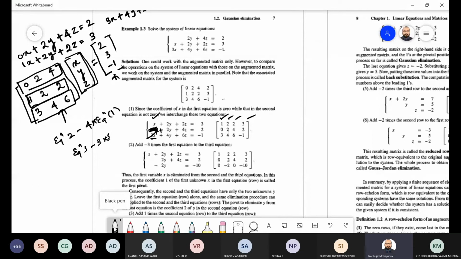Clear or not? So why am I saying you have to keep this place x, this place y, this place z? If you keep only x, it will be easy to delete these positions. If 3x is there, then you have to take suitable combinations, which is very difficult. So if 3x is there, you just divide by 3 and this 3 will be removed.